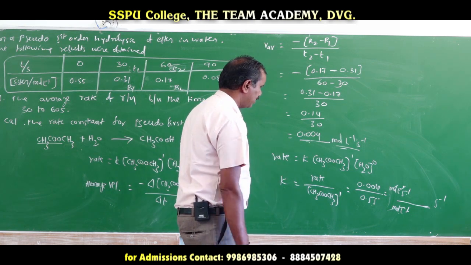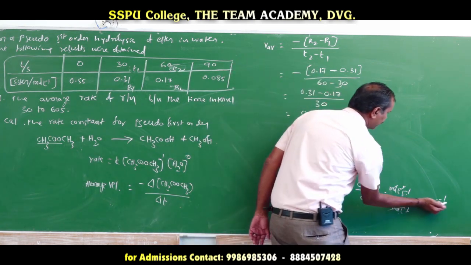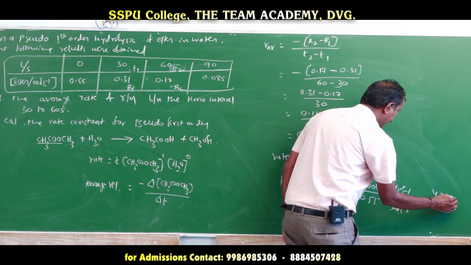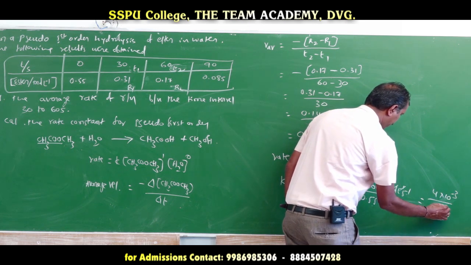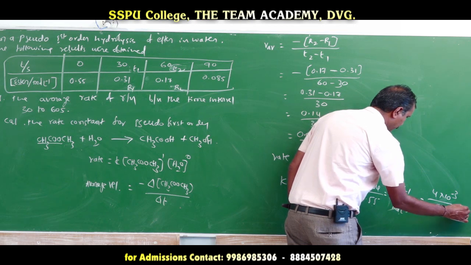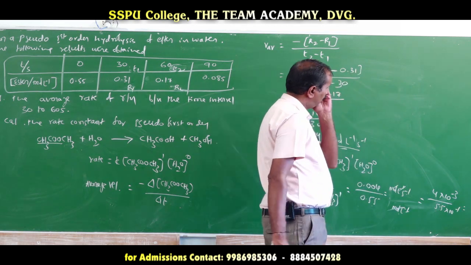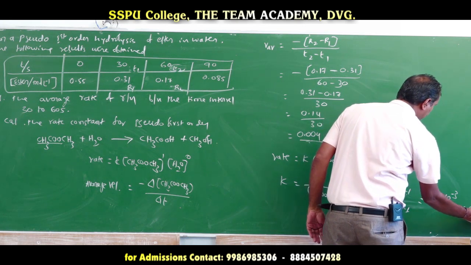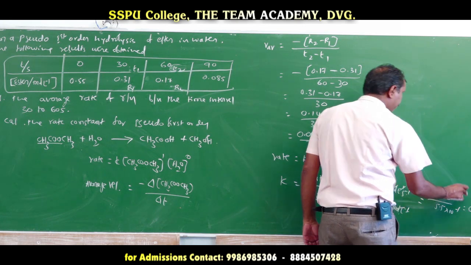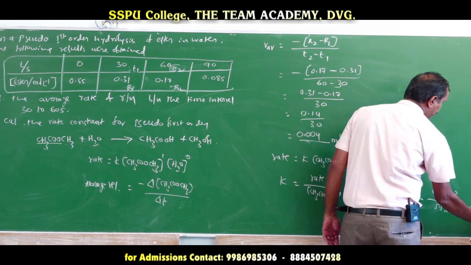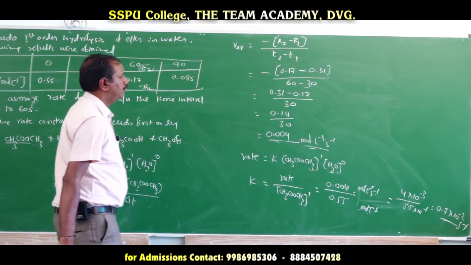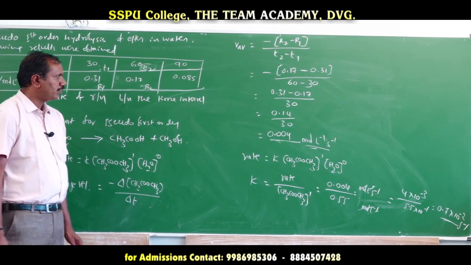0.004 divided by 0.55. Nothing but, shall I write, 4 into 10 to the power of minus 3 by 5.5 into 10 to the power of minus 1. Nearly 0.7 into 10 to the power of minus 2. How to find out the K?